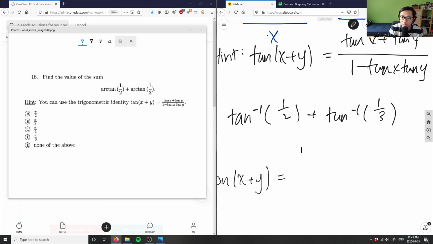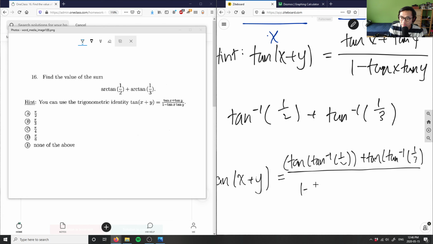So it's tan -1 of half plus tangent -1 of 1 over 3, over 1 minus the product of these two guys, right? So tangent -1 of half multiplied by the tangent -1 of 1 over 3. So this here will give us our solution.